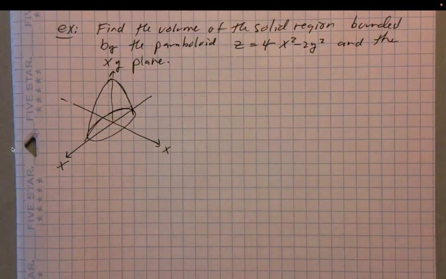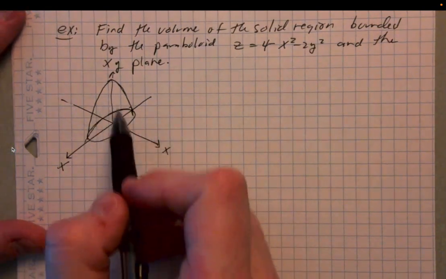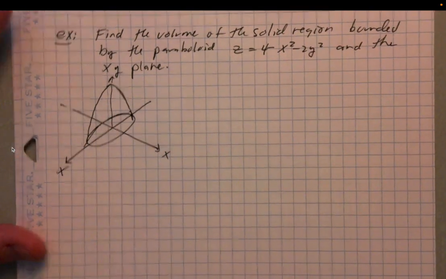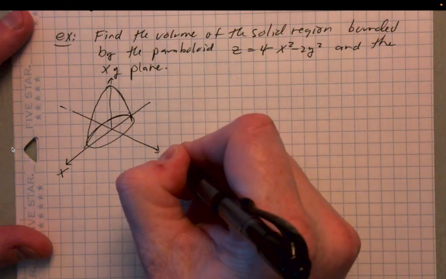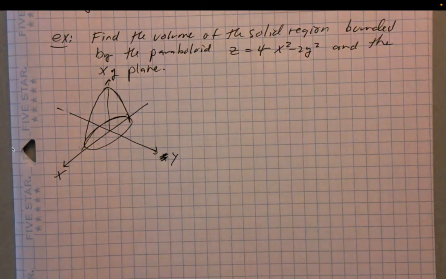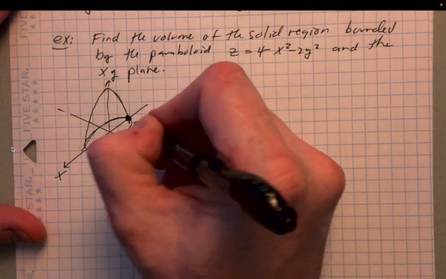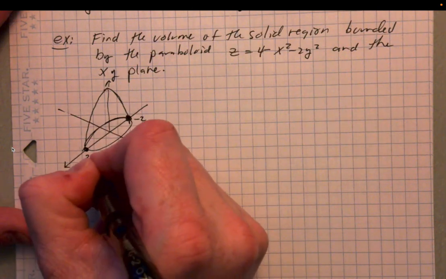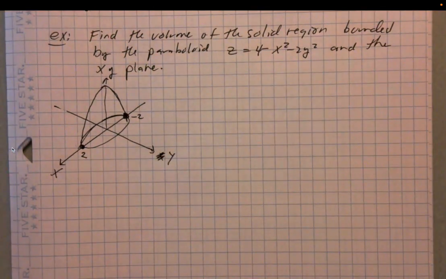It kind of looks like this. Now remember there's no tilt here. This is supposed to be totally symmetrical when it intersects the xy plane. Oh, sorry, that's the y-axis. So it actually intersects at -2 on the x-axis and at +2 on the positive x-axis.